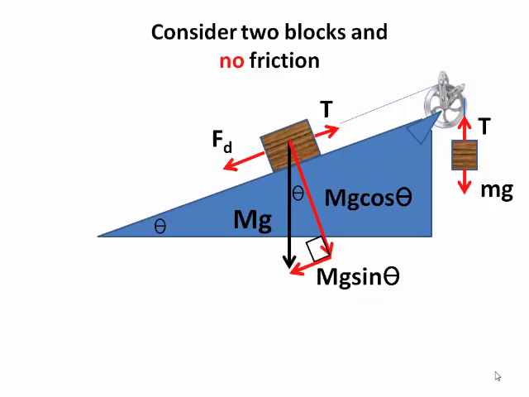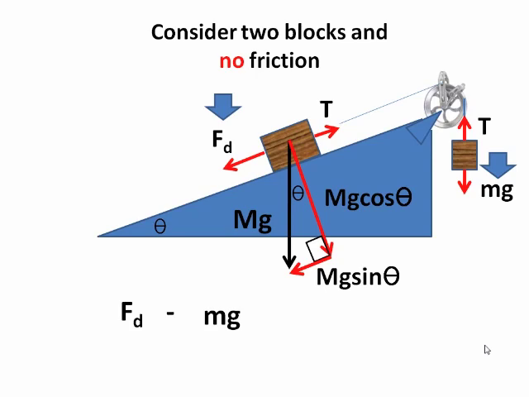We'll suggest that Fd is the larger one, and it's going down the incline, and we'll treat this situation as such. So we need to find the net force, which will be Fd, that's acting down the incline, minus little mg. Those are the only two forces acting on the total mass system.